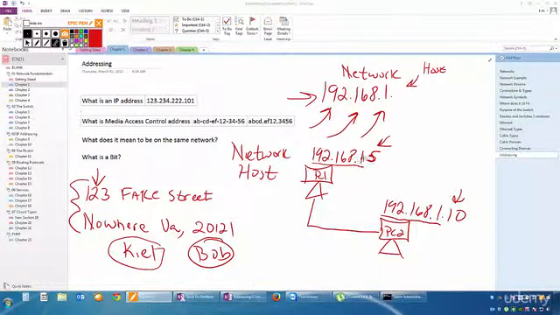Now, if I put this as a 2, these networks are not the same. 192.168.2, that's the network. And 192.168.1, they're not the same. 192.168.1, 192.168.2, not the same network.